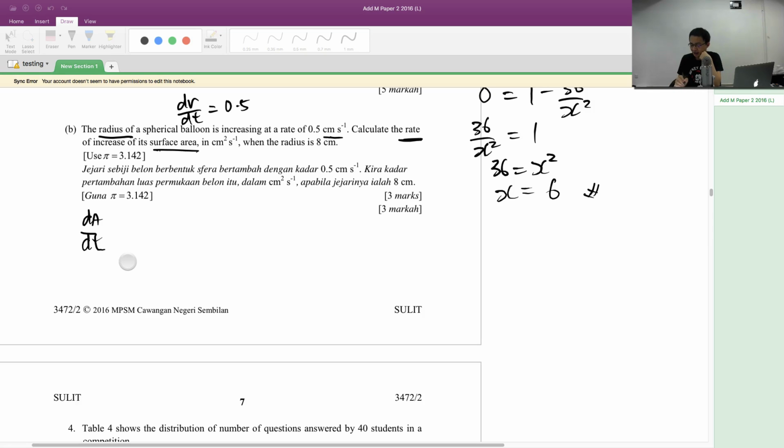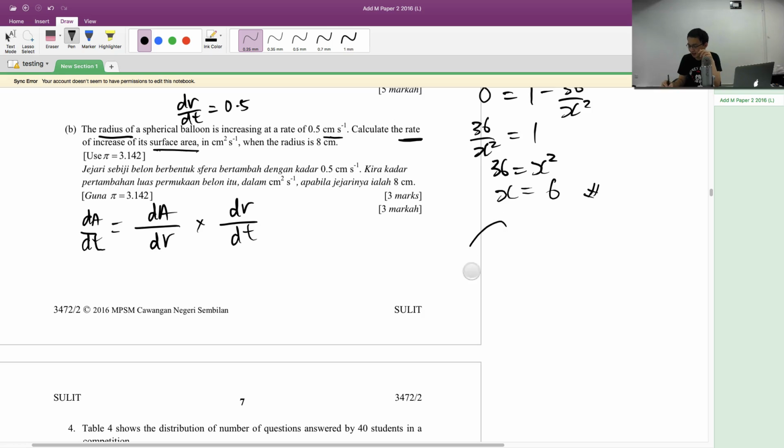Alright, so in this case, what I can do is form the chain rule. Definitely the first thing I do is a chain rule. This is dA, this is dt, and then I'm trying to do something with dr. Okay, dr/dt I have already, and now I want to get dA/dr. I know this is a sphere.